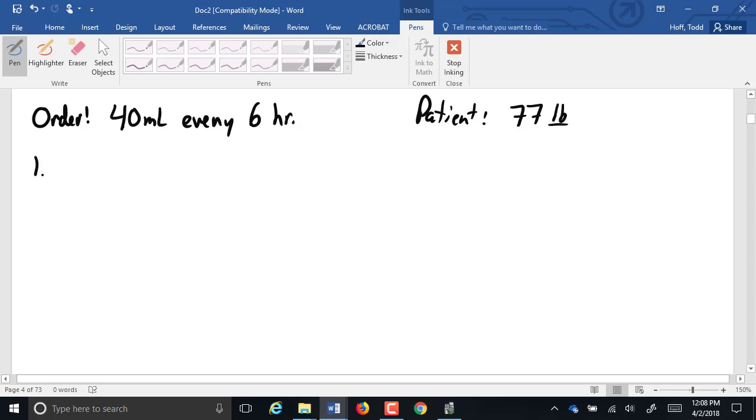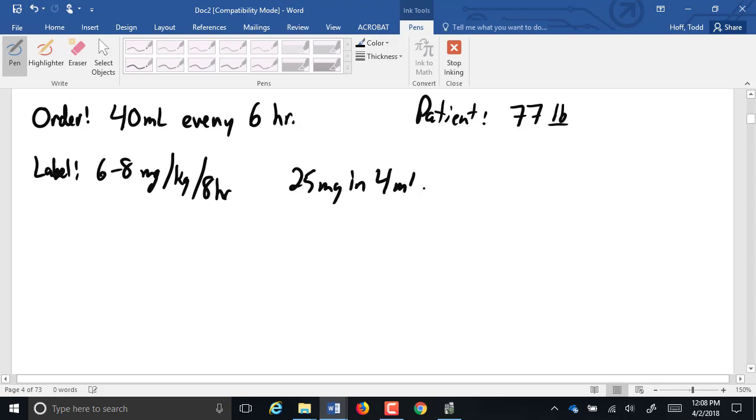And when you look at the label might say 6 to 8 milligrams per kilogram every 8 hours. And 25 milligrams in 4 milliliters. You need to verify that the doctor's order is a safe dose.